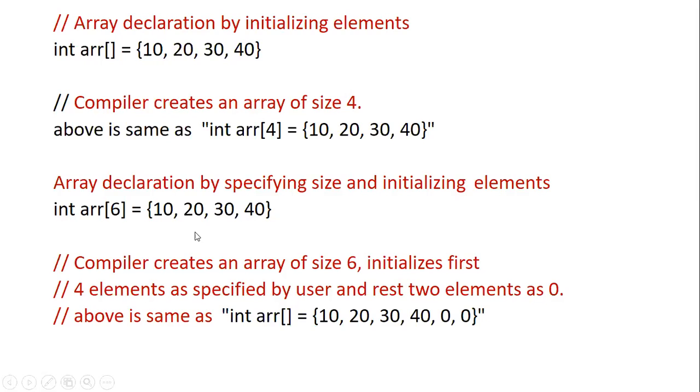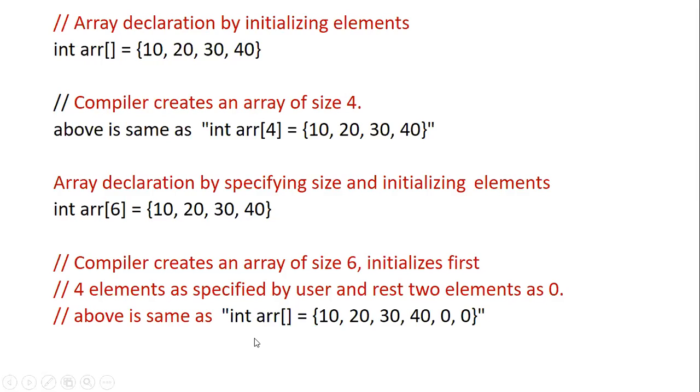Another example: we have specified the size of the array as 6, but only four elements have been entered. So the remaining elements will be inserted as 0. Because the size of the array is 6 and we have only inserted 4 elements, the next 2 elements will be inserted as 0.